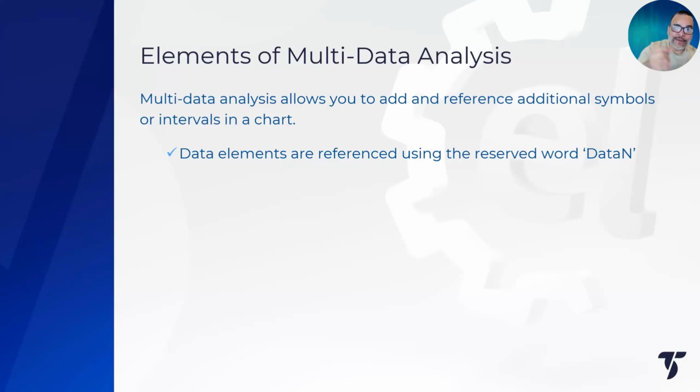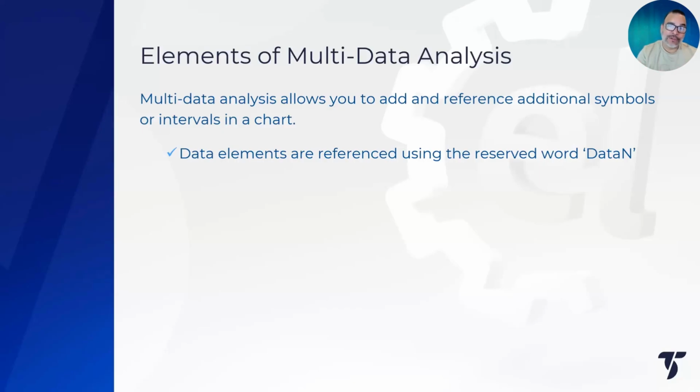Anytime that you add a symbol to a chart analysis, being the first symbol, TradeStation will assign a number to that symbol, and it'll be Data and whatever number that is. So anytime you open up a chart, the first symbol that opens up the chart is going to be Data1. Of course, you can change the symbol and replace what is stored under Data1.